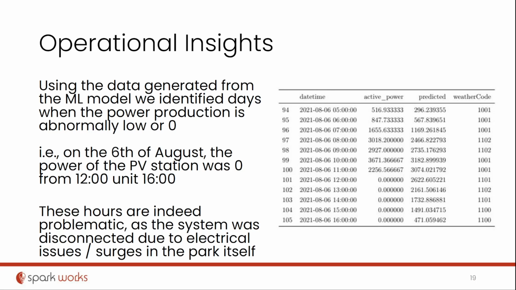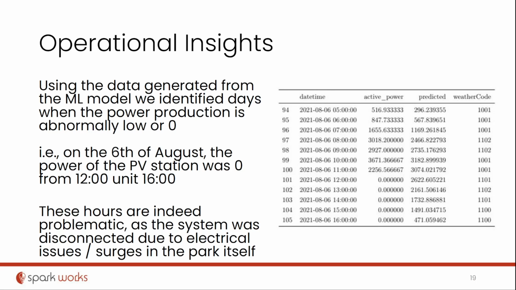And this gives us a few days where this abnormal behavior is identified. For example, you can see here in the table that around 11 o'clock on the 6th of August, there was a sudden drop in the energy output of the park that was not expected and could not be attributed to cloudy weather or any other cause, with the difference from the predicted power outcome being quite high.